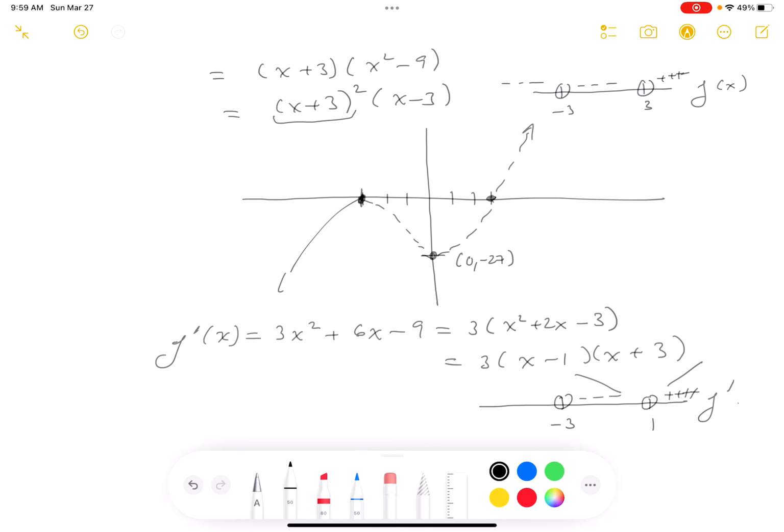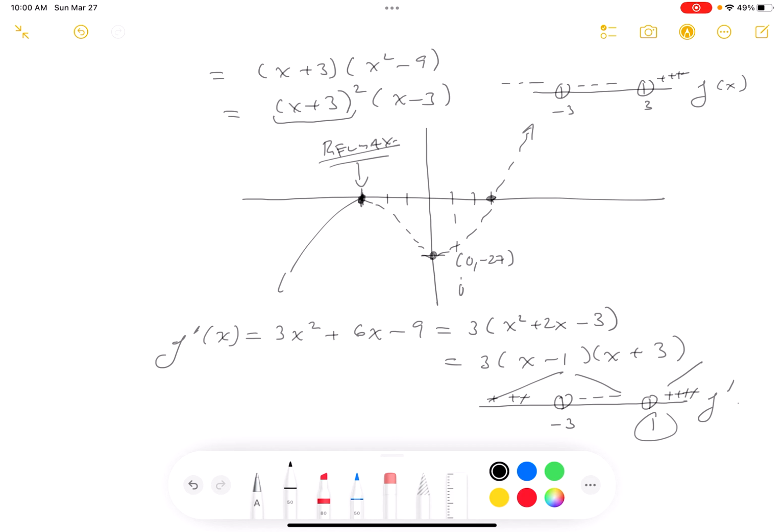Below the minus 3, if you look at minus 7 or something, it'll be positive. So what do I know? Relative maximum right there. But now I know the relative minimum is occurring about 1. I'll put it over here.